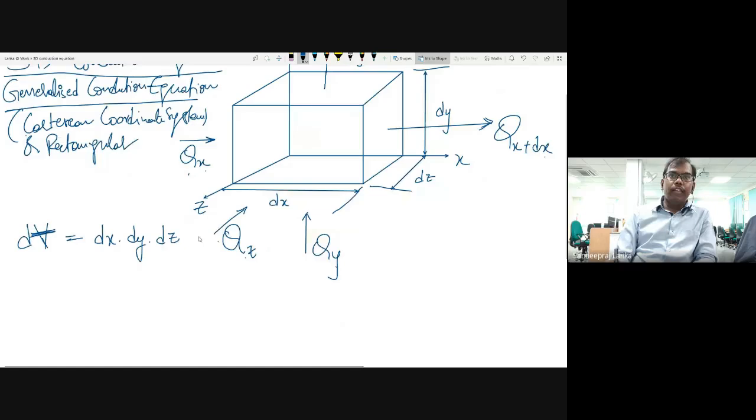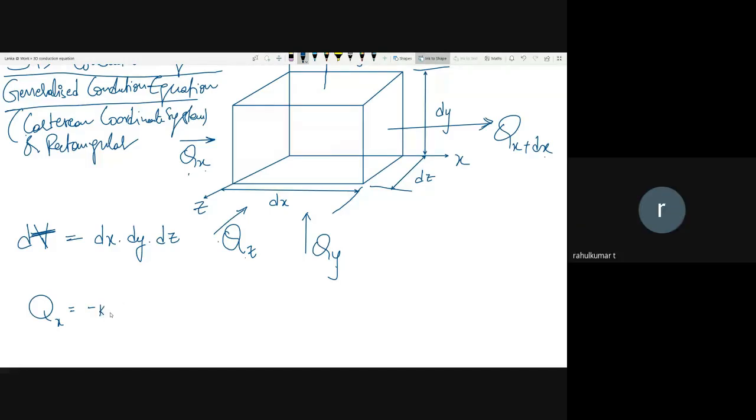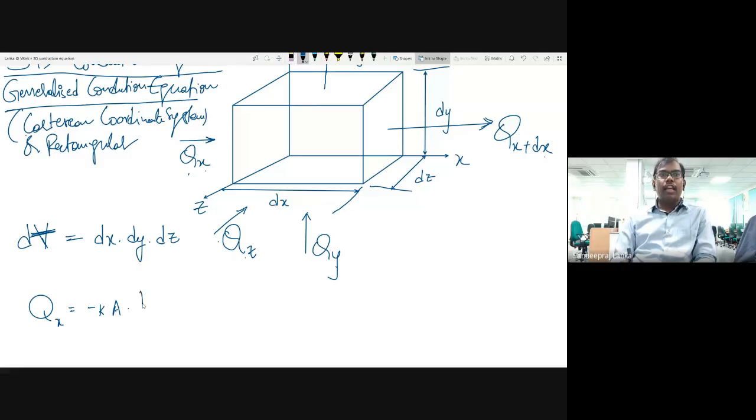Now, if I have to take this Qx, what is the formula for your Qx according to your Fourier's law of heat conduction? Somebody say it. It is minus K into dT by dx. Good.